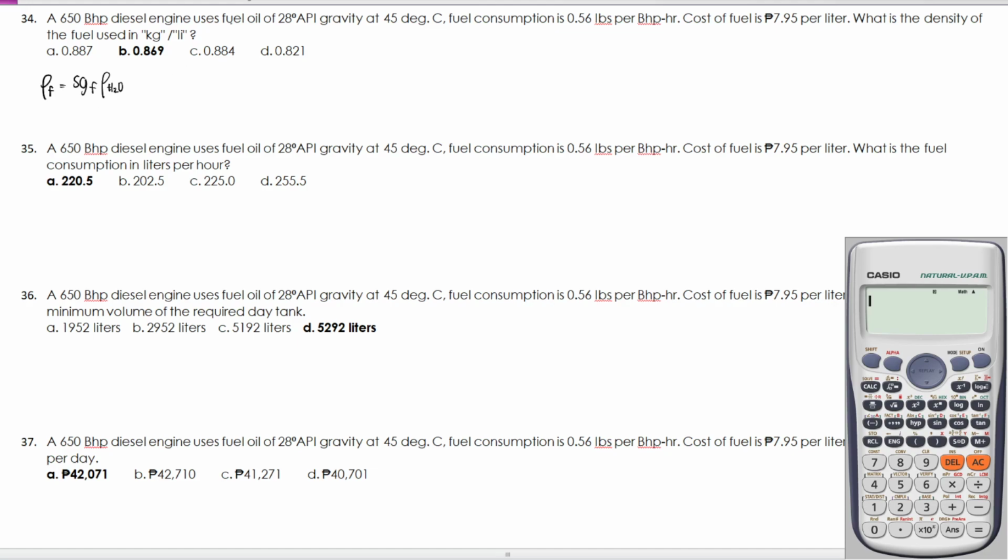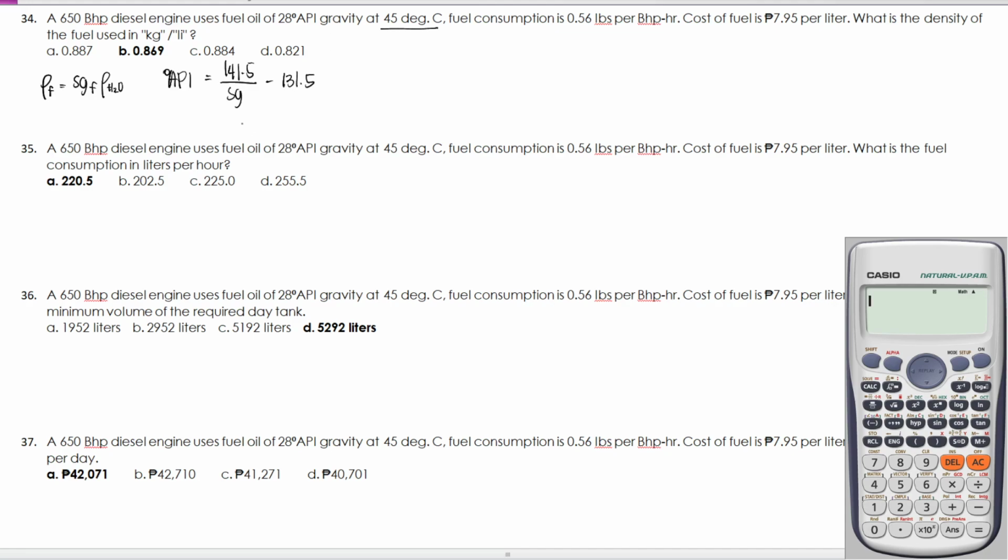So, first one, hanapin muna natin yung specific gravity ng fuel na to at its specific na temperature which is at 45 degrees Celsius. So, una, makukuha natin is yung specific gravity niya based on its degree API. So, we have again the formula of degree API as equal to 141.5 over the SG ng fuel minus 131.5.